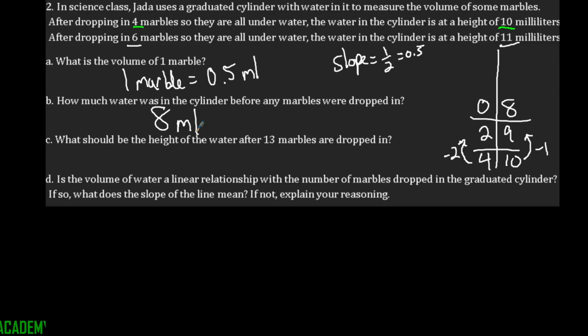And it says for part C, what should be the height of the water after 13 marbles are dropped in? So let's actually go down now. Let me change this graph a little bit one more time.